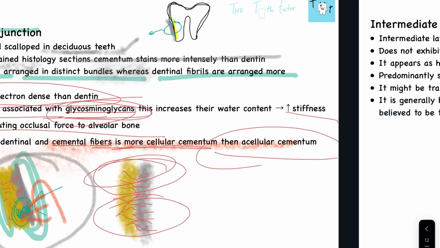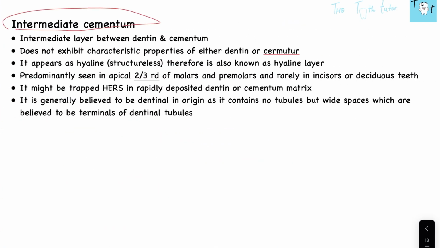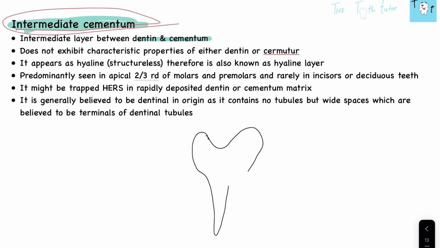Now moving ahead to intermediate cementum. This relates to the cemento-enamel junction. Intermediate cementum is a layer between dentine and cementum. If this is your tooth, there is a thin layer of cementum, that is intermediate cementum, present all around the cementum and dentine.